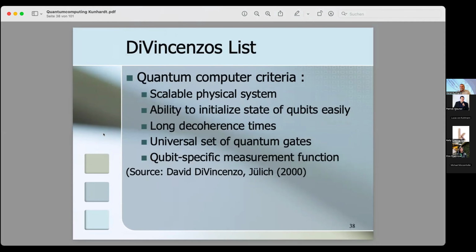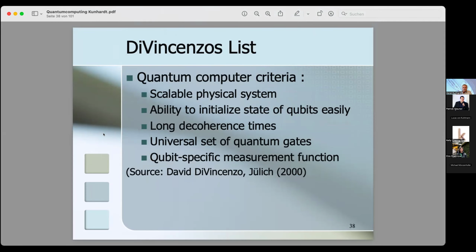So what are the basic laws for a quantum computer? David DiVincenzo, now working at Jülich, a very famous research campus in the northern part of Germany, developed some criteria for a quantum computer.